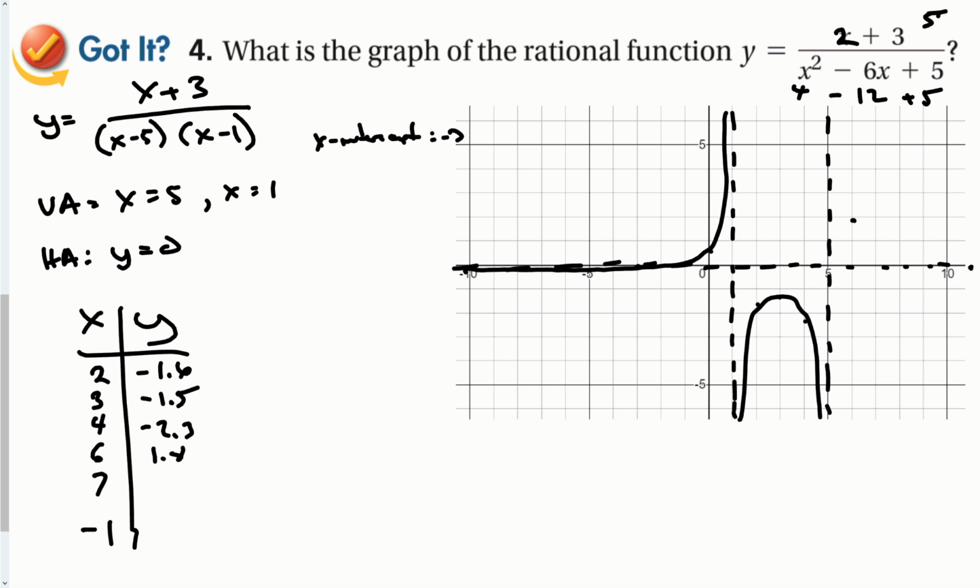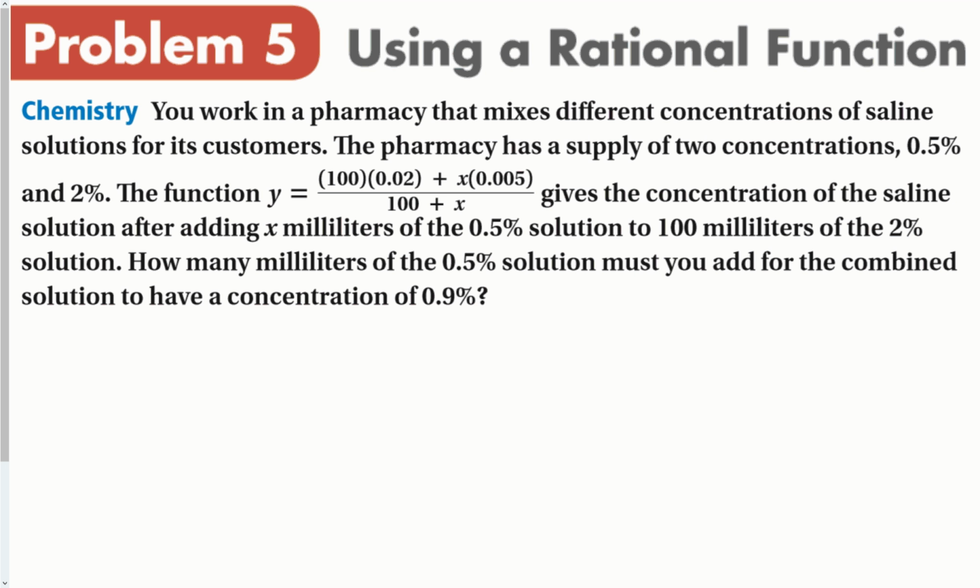And 7 gives us 0.833. Okay, so 7, boom, right there. And that's enough to get a good approximation of this graph right here. If you didn't have a graphing calculator, you have the function. All you have to do is plug these numbers into it to get a good sense of what this graph actually looks like.